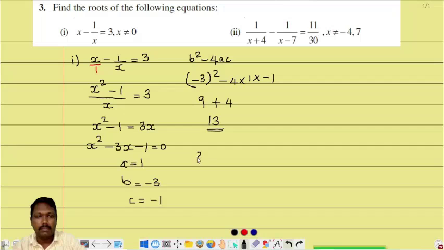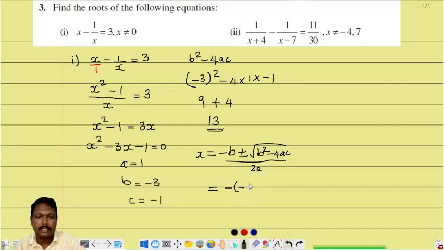So the roots will be here. We can apply the formula x is equal to minus b plus or minus root of b squared minus 4ac, all divided by 2a. Now substitute the values, that is minus b. What is b?